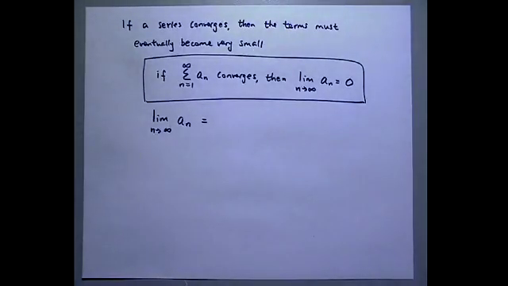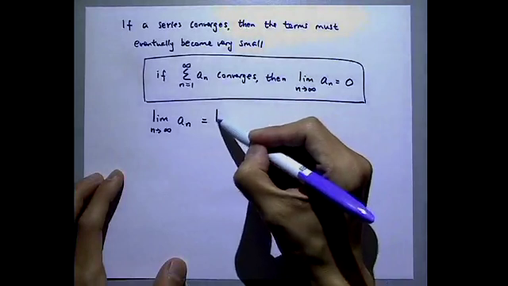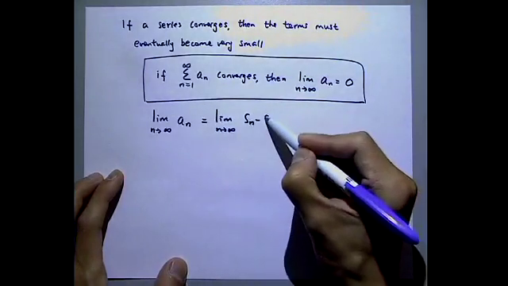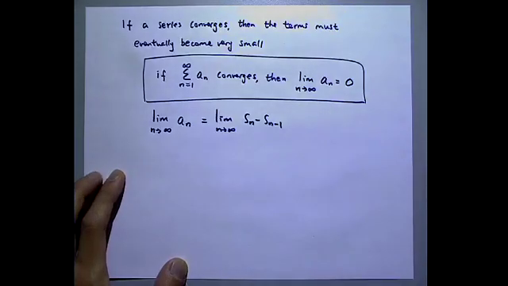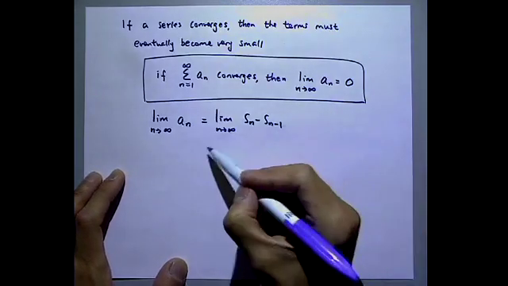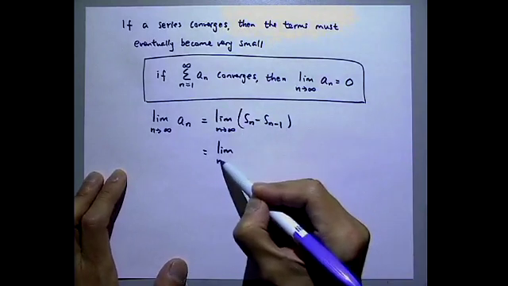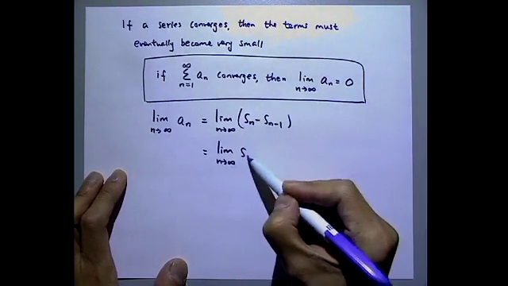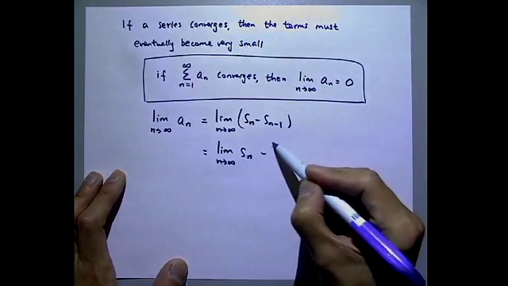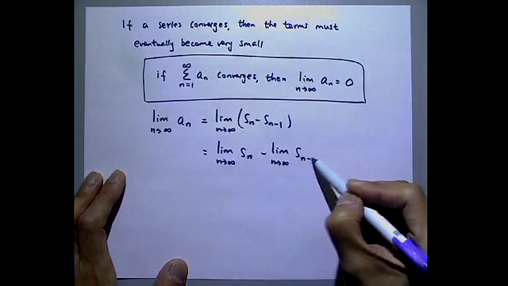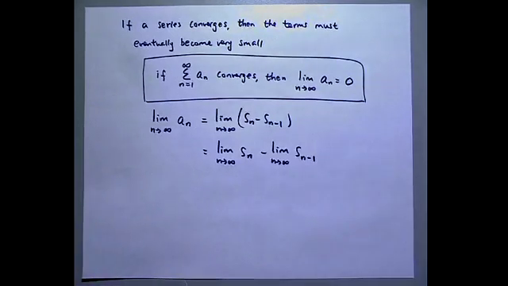So that result comes in now. So this is the limit of the n partial sum minus the n minus 1 partial sum.